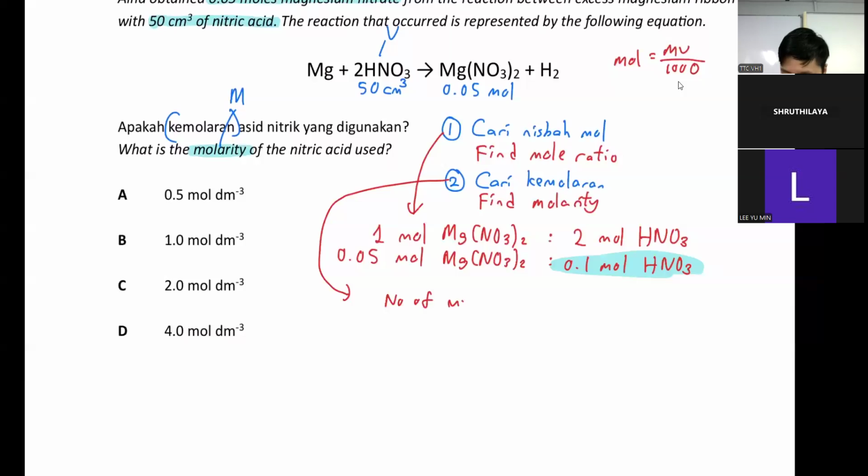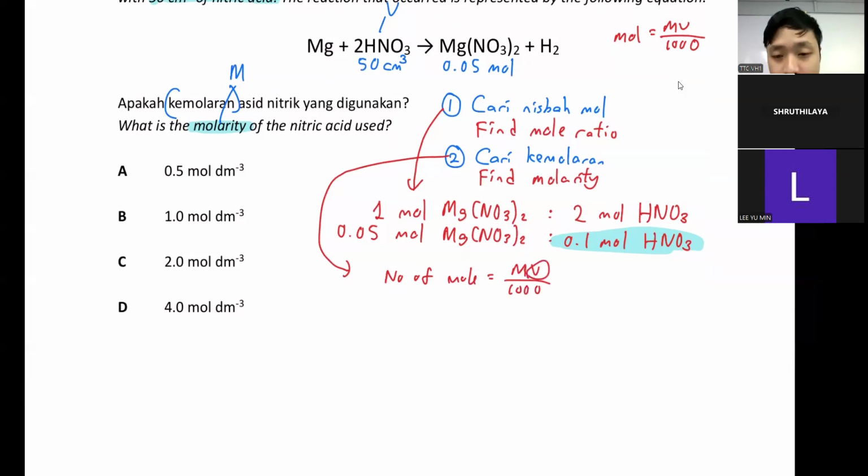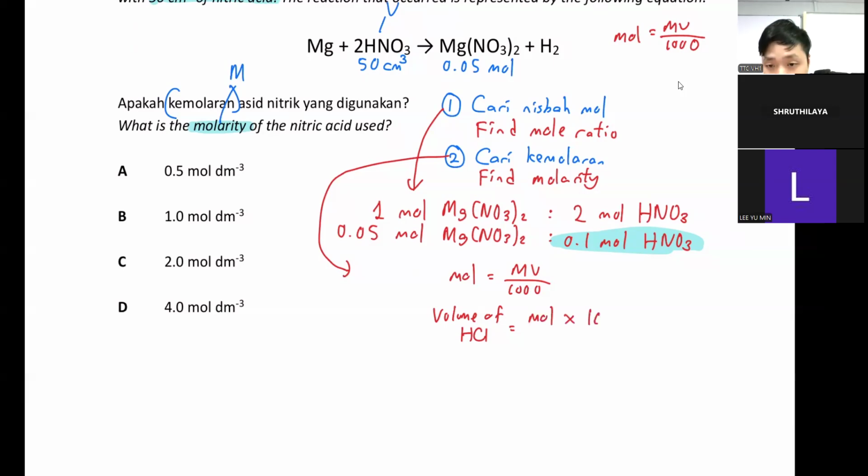Number of mole equals MV over 1000. Since you want to find M, so mole equals MV over 1000. How? What should we do? Make M the subject. You learn in mathematics. Make M the subject means you move 1000 to the other side, become times 1000.